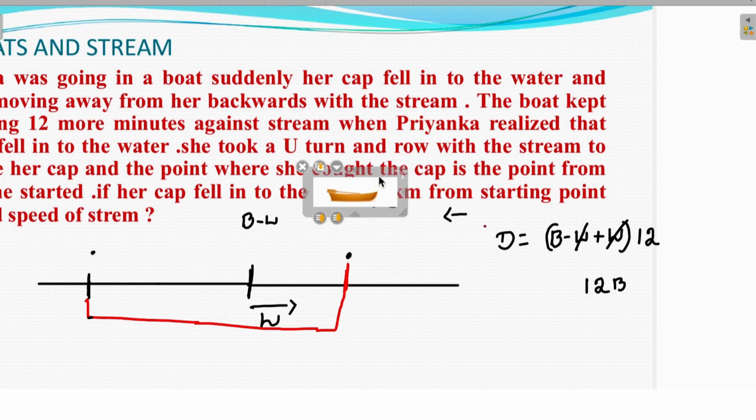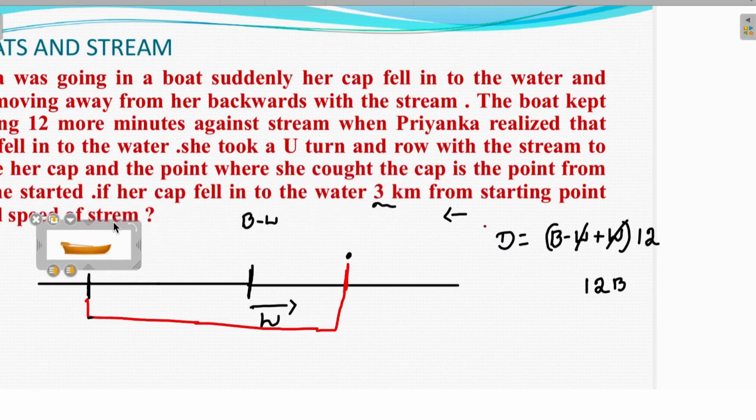So now she is traveling downstream. What is the distance between this position and the cap once she realized and took the u-turn? The distance between this position and this position is 12b.